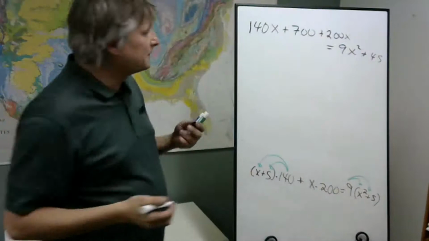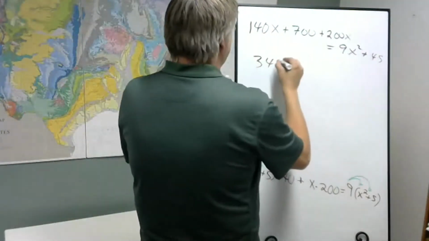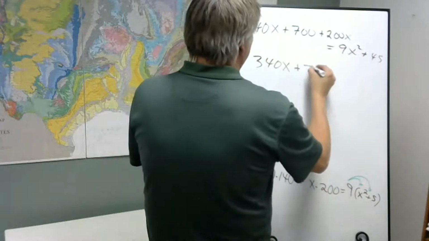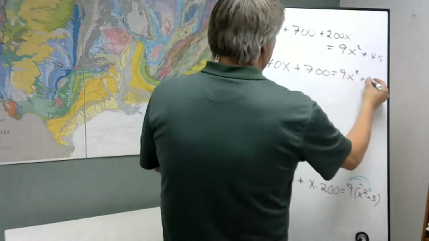So let's gather some like terms. We'll have 340x plus 700 equals 9x squared plus 45.